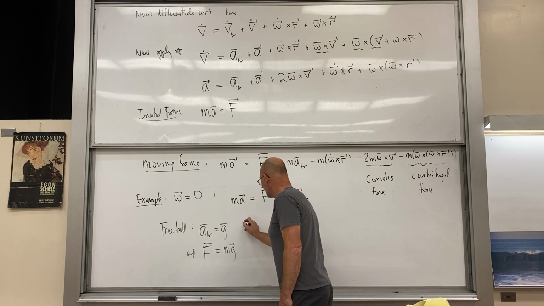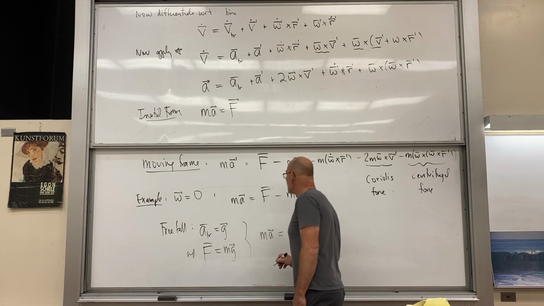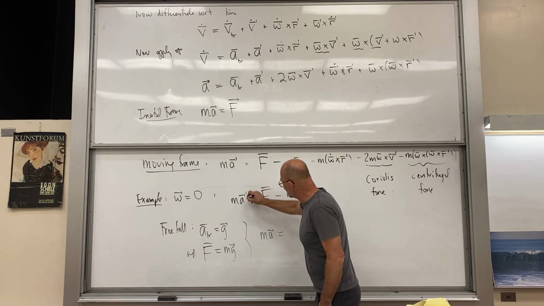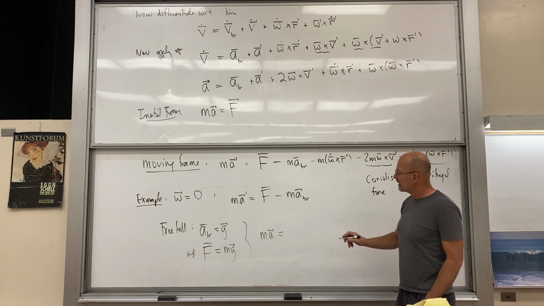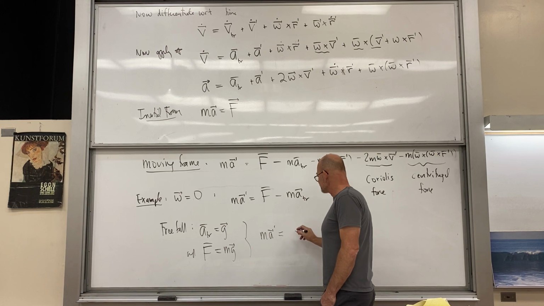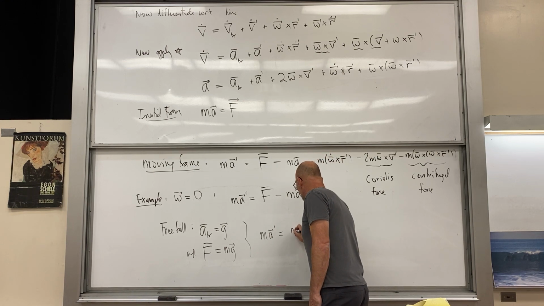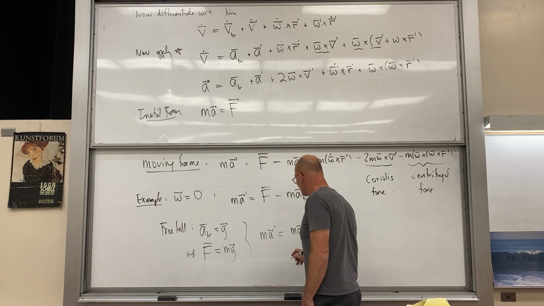So if you put those together, m times a, better prime it still. Like I said, eventually we'll drop the primes probably, but right now we have the prime. So m times a prime, the force in the inertial system, is equal to mg minus mg, which is equal to 0.